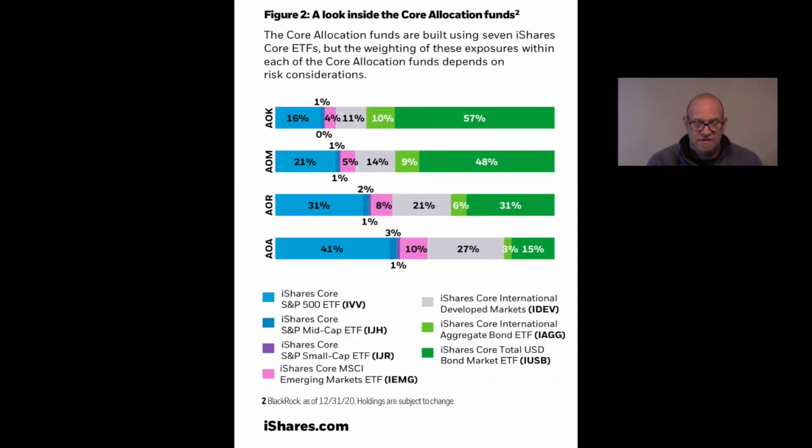And if we look even deeper into the way it's broken down, we can see that the 7 different ETFs that make up these funds are the iShares Core S&P 500 ETF, ticker IVV, the iShares Mid Cap ETF, ticker IJH, the iShares Core S&P Small Cap ETF, ticker IJR, the iShares Core MSCI Emerging Markets ETF, ticker IEMG, so that's your emerging market international stocks.